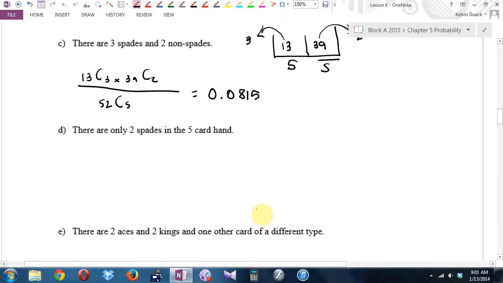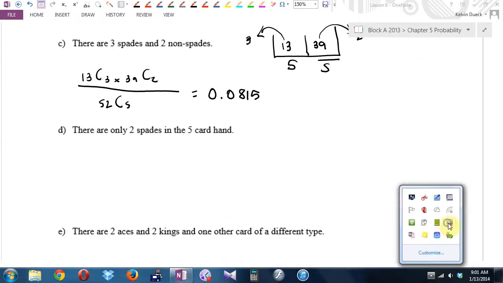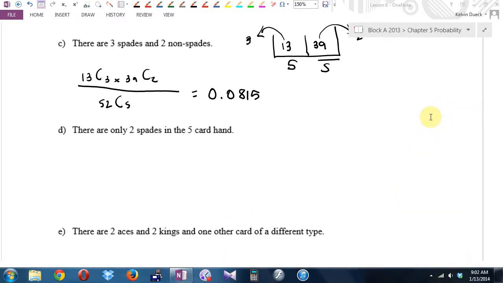D. Only 2 spades. I guess that means 2 spades and 3 non-spades. Oh, we got a few more late humans showing up. So D is 2 spades, 3 non-spades. Very similar to C. Try it on your own.